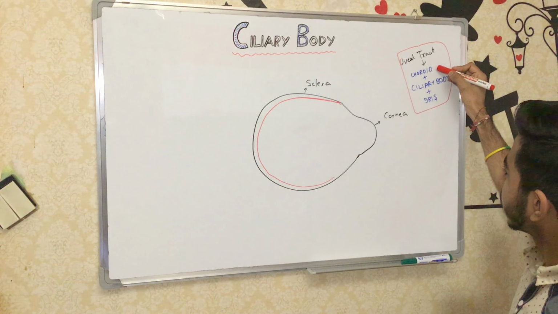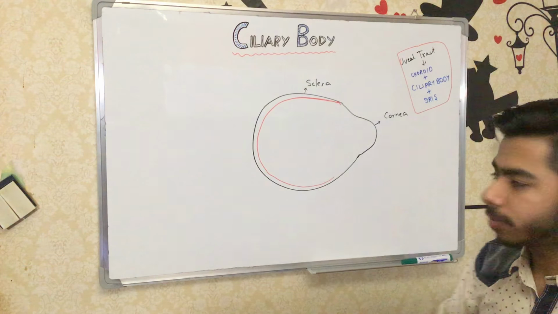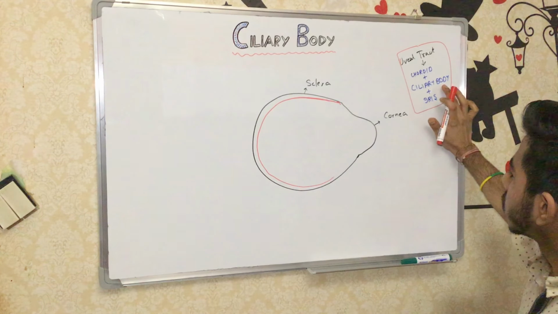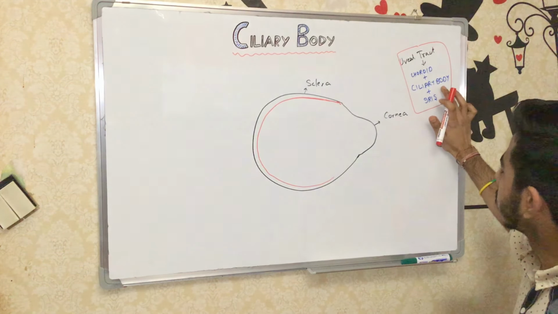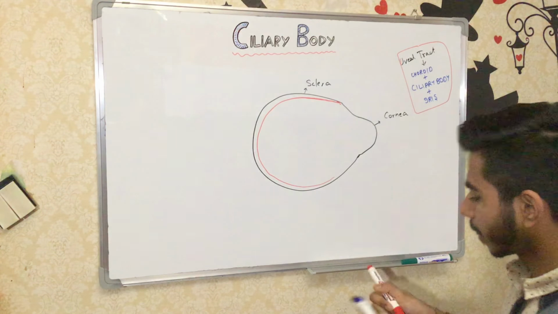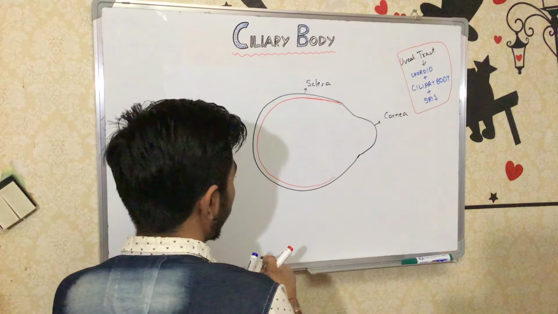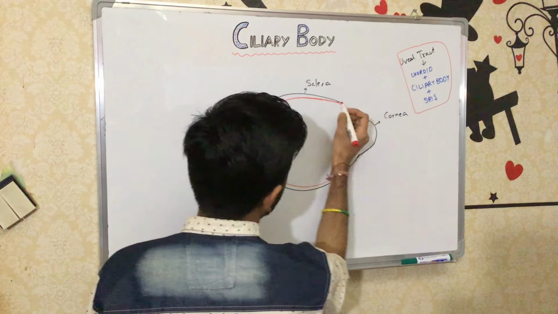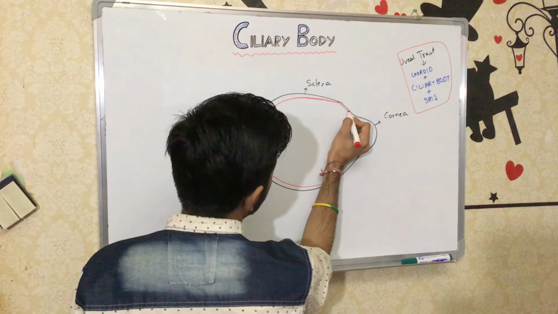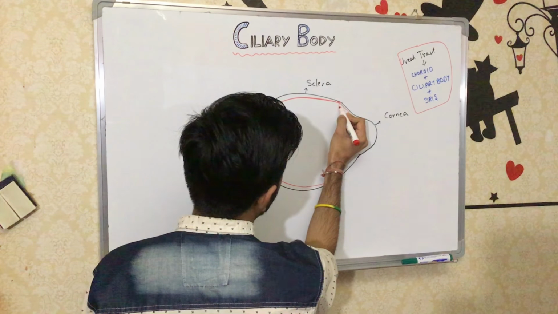About the choroid, I talked in my previous video, and now in this video I will be talking about the ciliary body. Inside the sclera we have the choroid layer, and the choroid layer continues into the ciliary body.